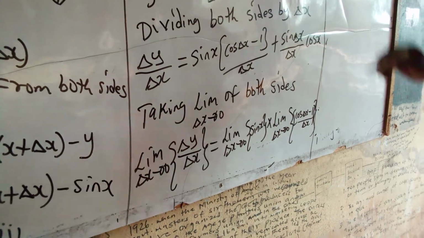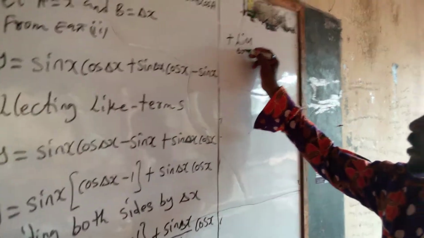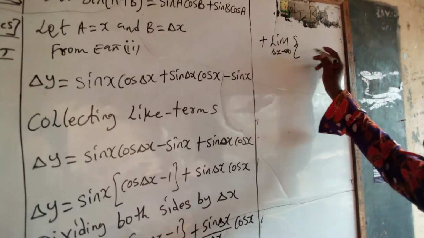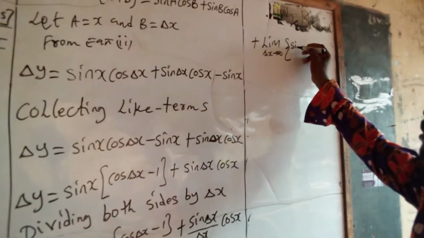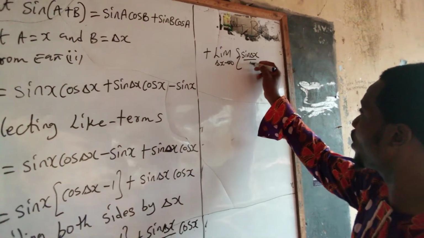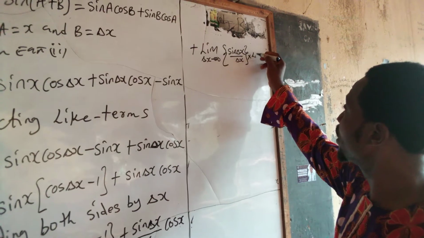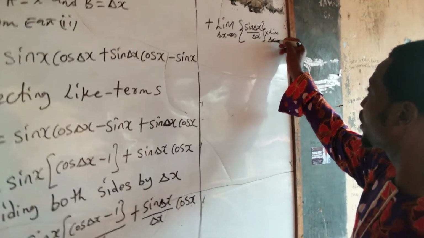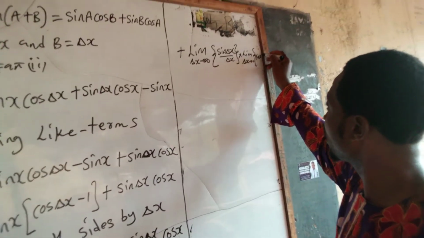Plus the limit as changing s tends to 0 of sine changing s over changing s, then times the limit as changing s tends to 0 of cos s.